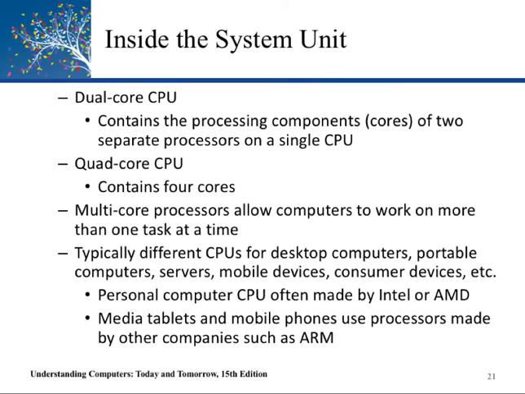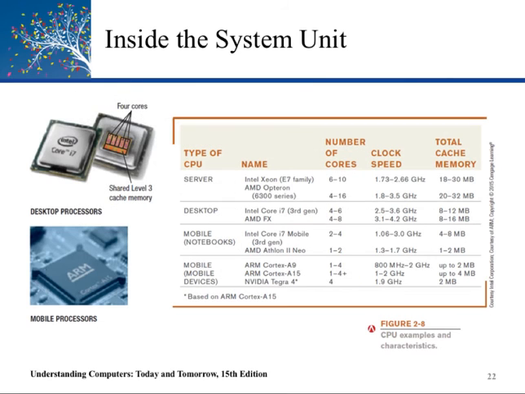And to show you a little bit, let's look at a little chart here. First, in the corner, on the left, we can see that this one i7 chip has 4 different cores, and each one of those represents some processing. Then it has a shared level of memory, and we'll talk about that a little more in depth as we go on. Now, that's for a desktop. That's for a larger machine.